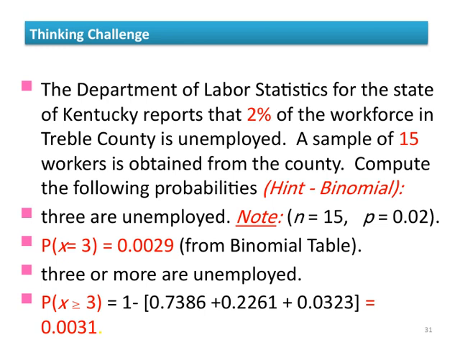Next, we consider the probability that 3 or more workers are unemployed. To find this, we subtract the probabilities of having 0, 1, or 2 unemployed workers from 1. The sum of those probabilities, 0.7386, 0.2261, and 0.0323, adds up to about 0.997.